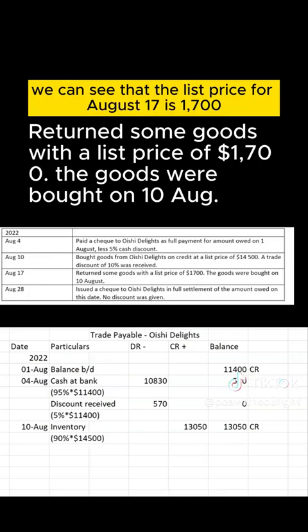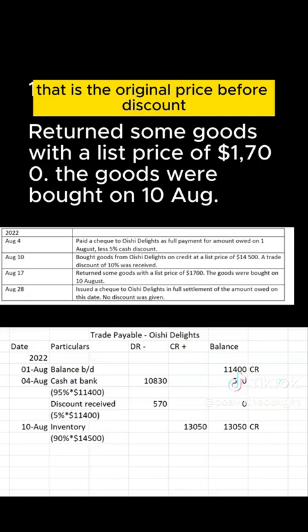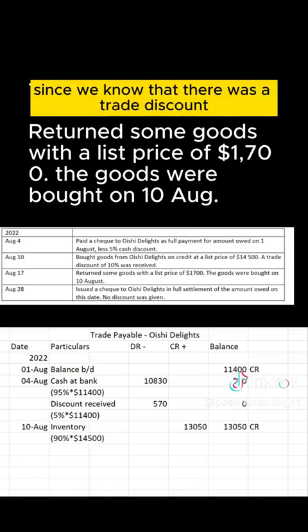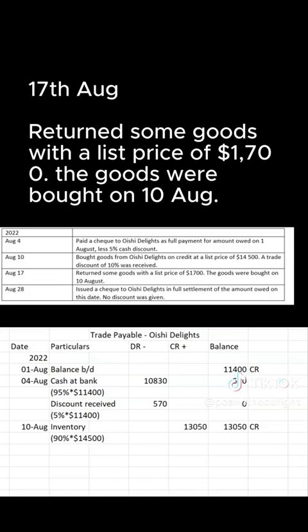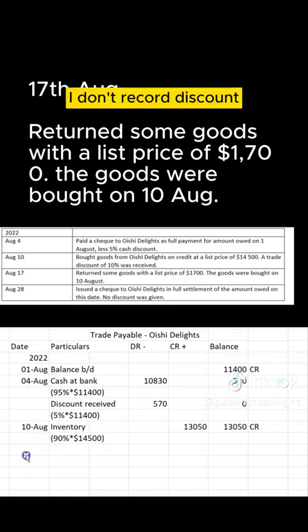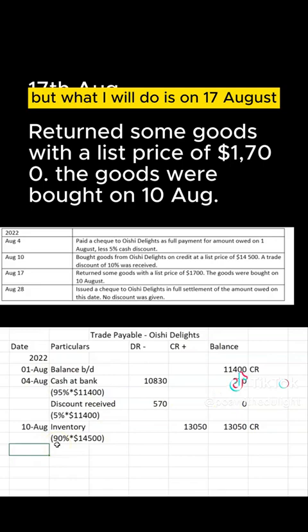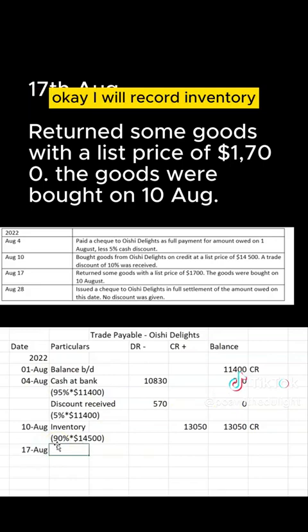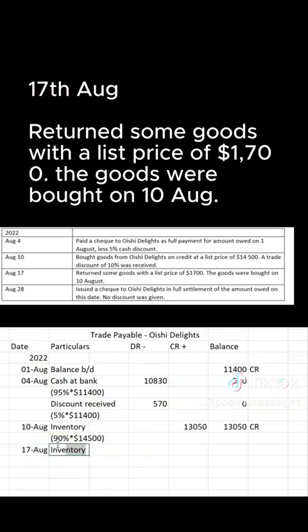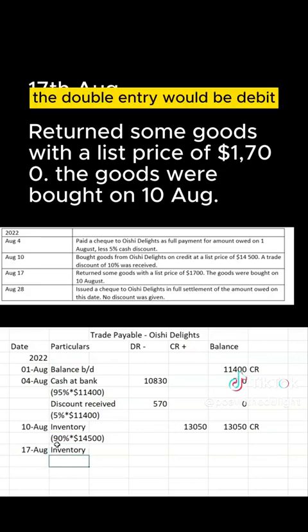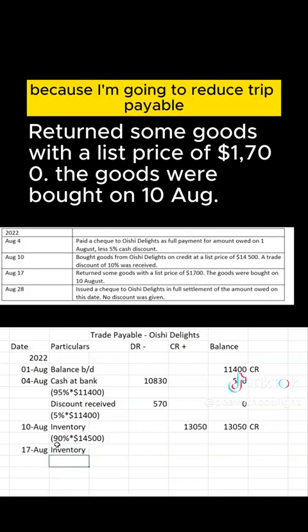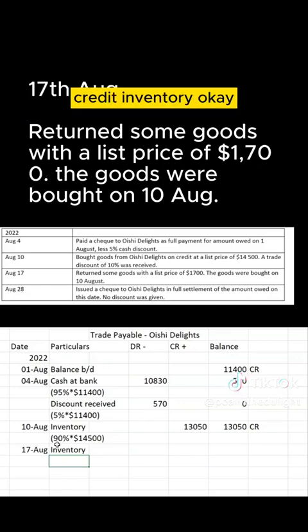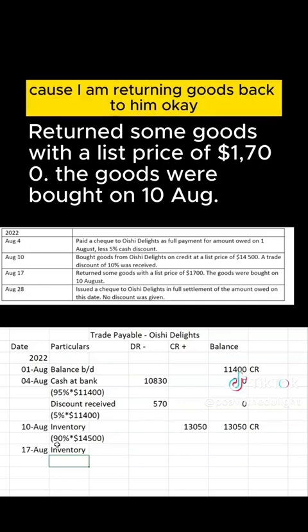So we can see that the list price for August 17 is 1,700. That is the original price before discount. Therefore, since we know that there was a trade discount given previously, we need to adjust the purchase returns for that 10% discount as well. Now, since it's a trade discount, I don't record discount received or discount allowed. But on 17 August, I will record inventory. The double entry would be debit trade payable, because I'm going to reduce trade payable, credit inventory, because I am returning goods back to him.